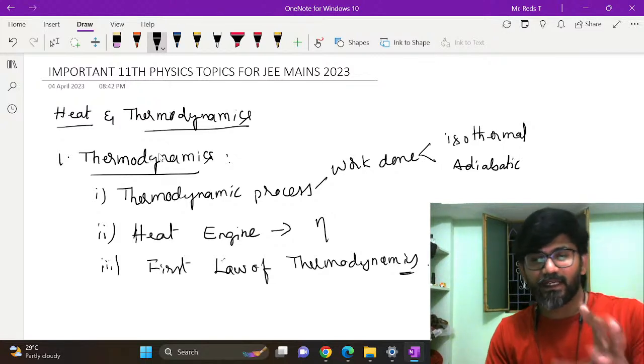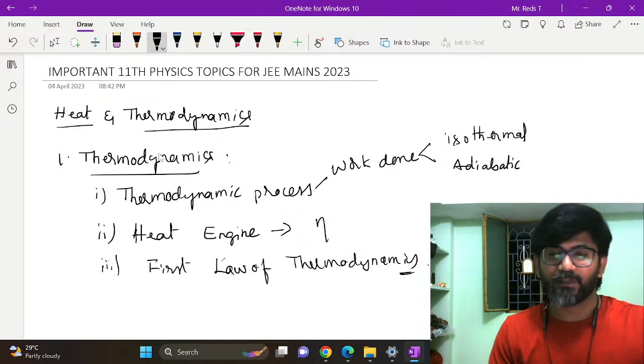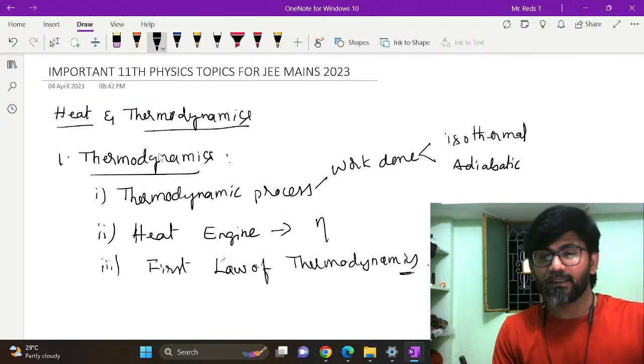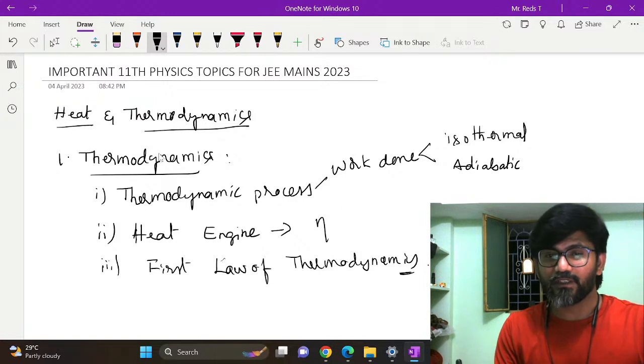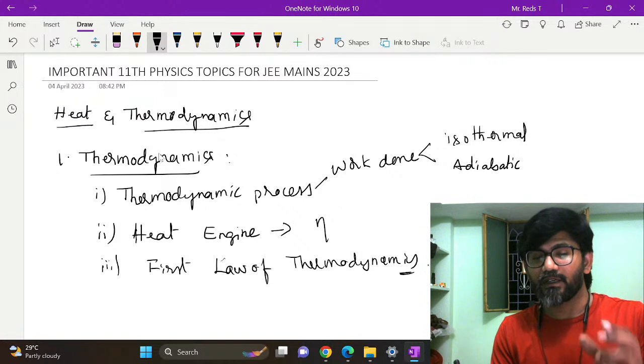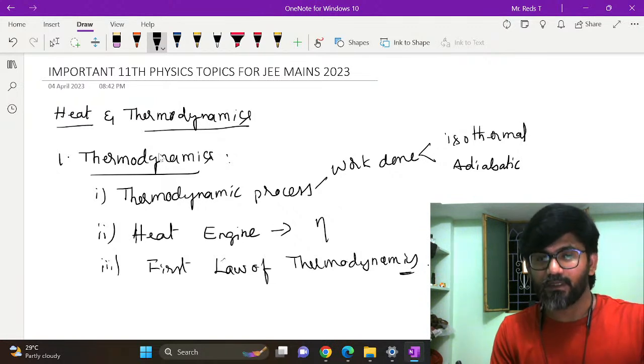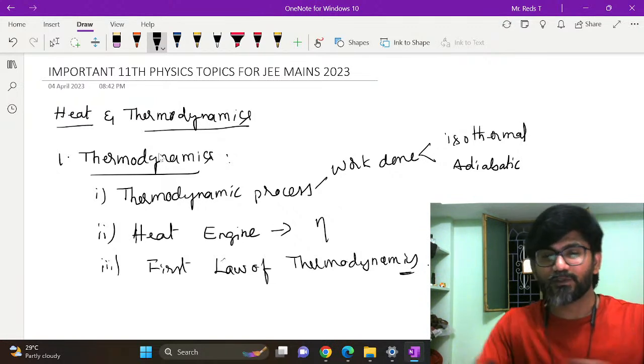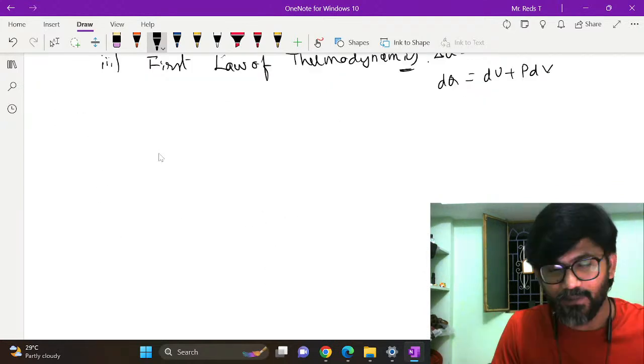So direct questions you may expect based on this, and this first law you have to apply to these different thermodynamic processes, with questions based on these graphs.